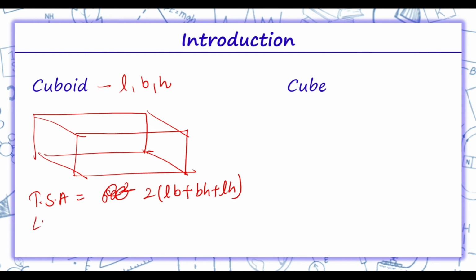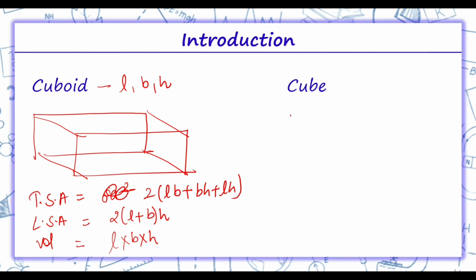When we have to find its lateral surface area, or we can say area of four walls, its formula becomes 2(l + b) into h. And when we have to calculate volume, it is l into b into h.